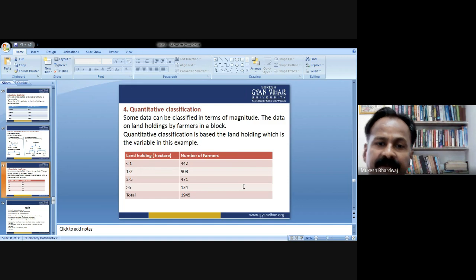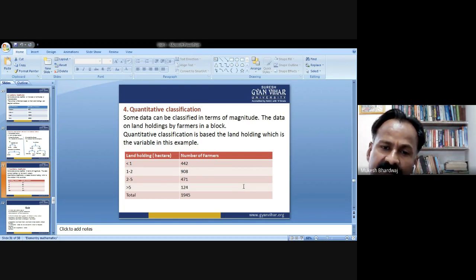Now quantitative classification. Some data can be classified in terms of magnitude. Take the data on land holdings by farmers in a block. Quantitative classification is based on land holding, which is the variable in this example. So the land holding in hectares is less than 1, 1 to 2, 2 to 5, or greater than 5 hectares. How many farmers have less than 1 hectare of land? 442.